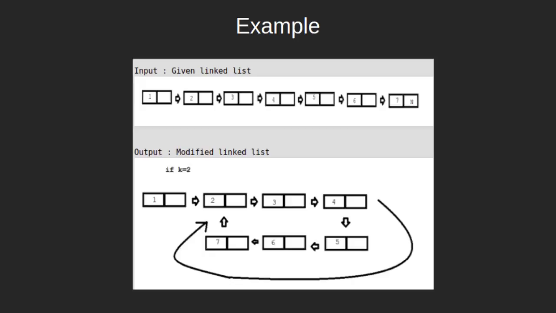After making the loop at the second position, we get the modified linked list as 1, 2, 3, 4, 5, 6, 7 and next of 7 is connected to 2, which makes a loop consisting of nodes 2, 3, 4, 5, 6, 7. So we get a loop at the second position of the linked list.